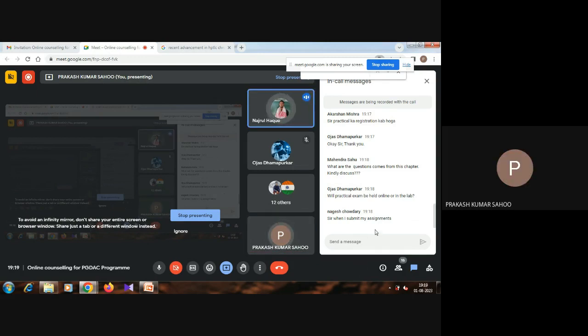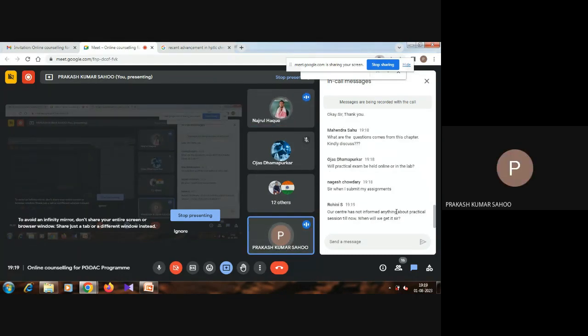Will the practical exam be held online or in the lab? From the Corona period until the last practical, which was held in RC Bhubaneswar, this was held online, and you have to submit the practical records to the regional center Bhubaneswar by post or by hand.